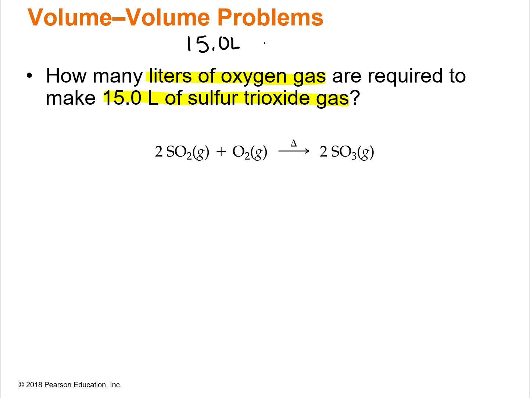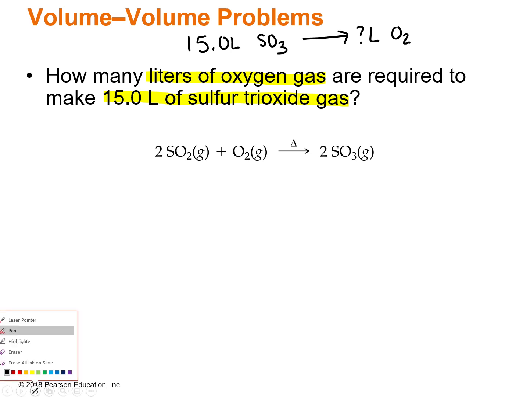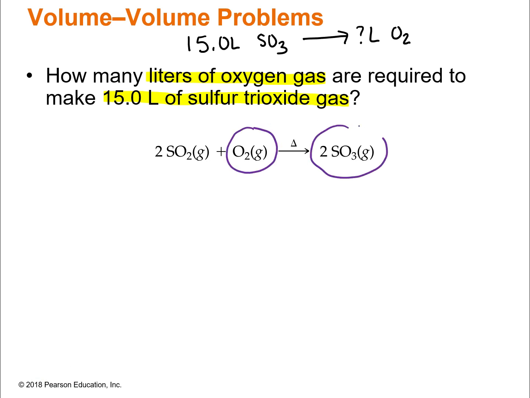Our given information: 15 liters of sulfur trioxide gas. We're trying to figure out how many liters of oxygen gas we need to actually make that amount. These are the 2 compounds we're interested in. Now we write our ratios.